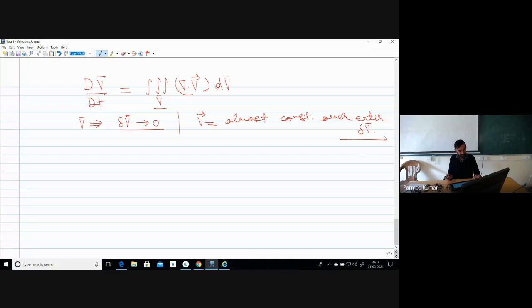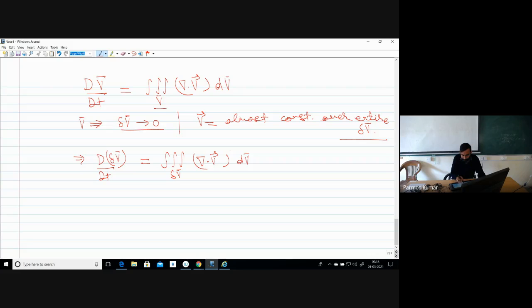So the assumption I am considering is that instead of integrating the right hand side over the entire volume V bar, I am integrating over some small elemental volume delta V bar, which is so small that it is approaching zero. Since it is very small, I can consider that the velocity vector over the entire fluid element will be constant. So I can write d by dt of delta V bar equal to the integral over delta V bar, because now my entire fluid elemental volume is delta V bar, of the divergence of the velocity vector dV bar.